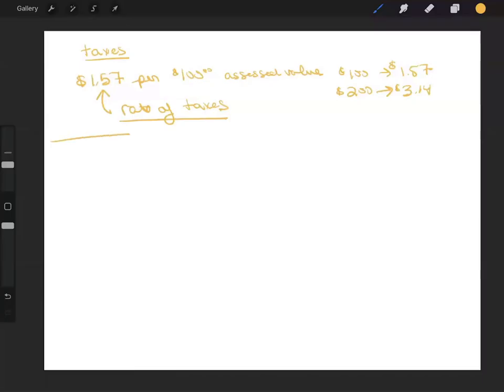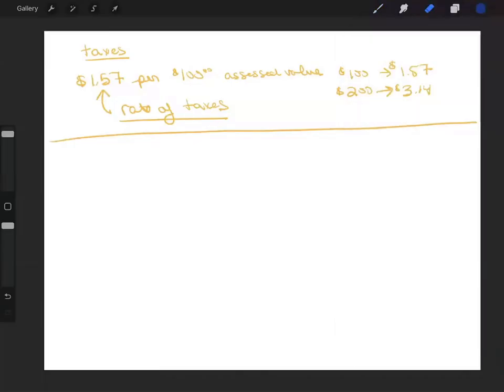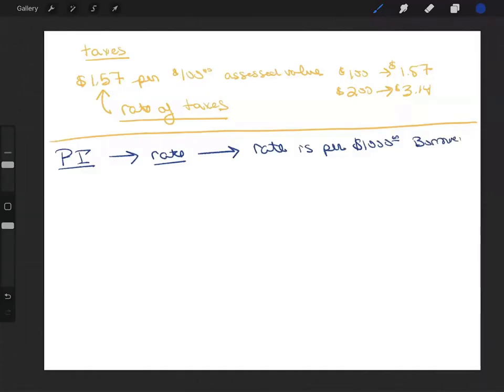This is a rate of taxes. So when it comes to our P&I amount, you find how much that's going to be using a rate, except in this case, our rate is per $1,000 borrowed. Let's say you have a rate of $4.